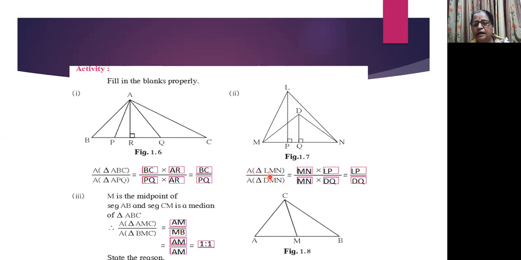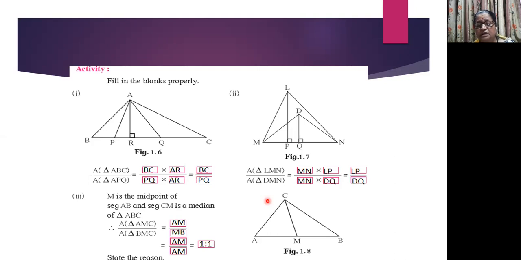Area of triangle LMN is MN into LP, divided by area of triangle DMN, which is MN into DQ. MN is common and gets cancelled, and therefore what remains is the heights, LP divided by DQ.